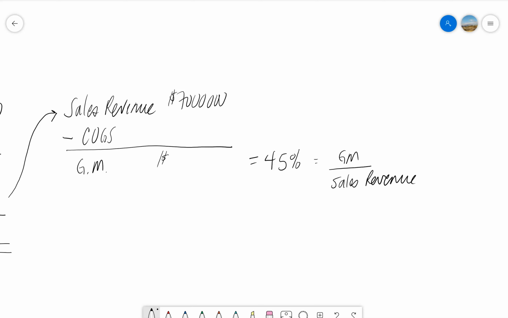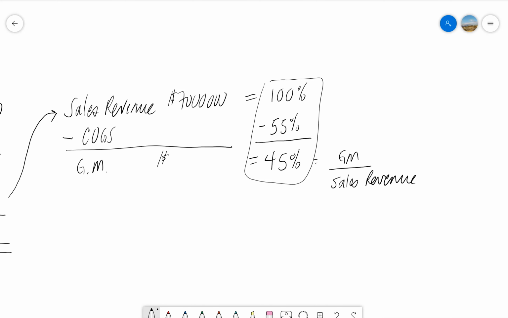What we do know, though, is that our sales revenue is the 100% number. If we were to minus 55%, that would give us our 45% gross margin.